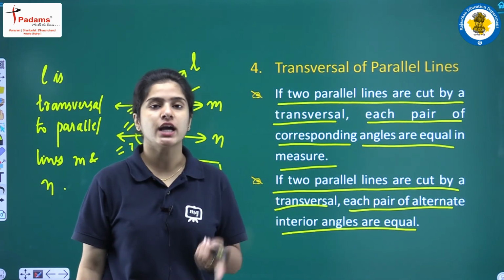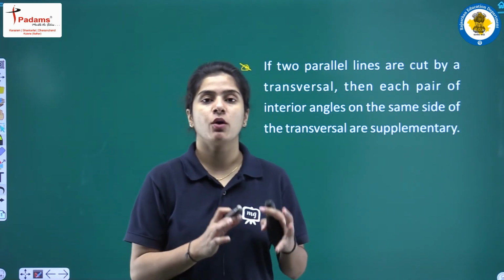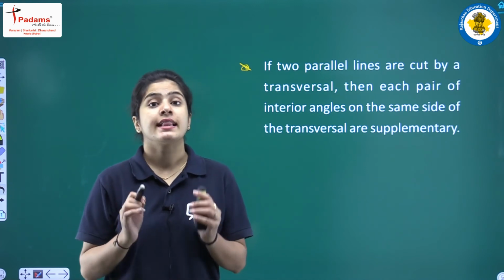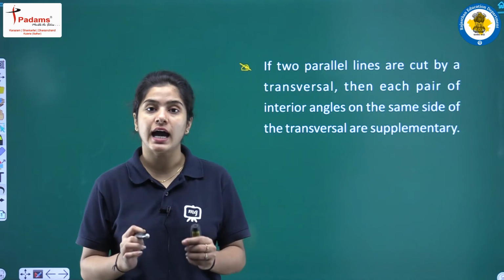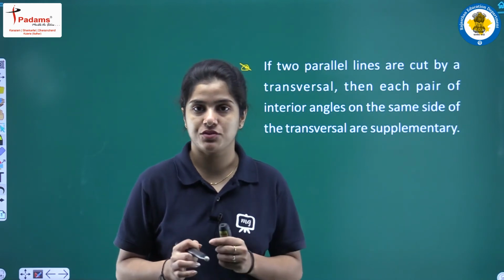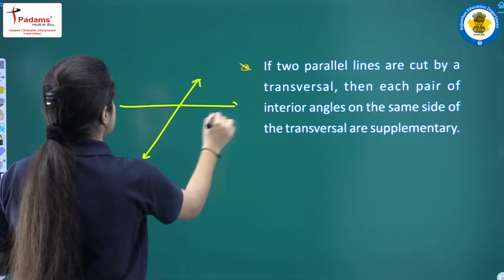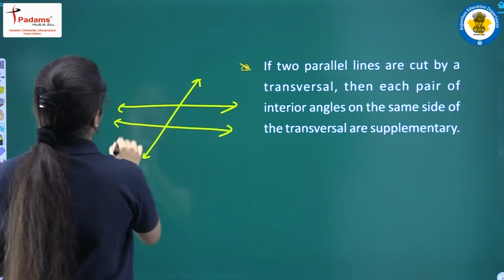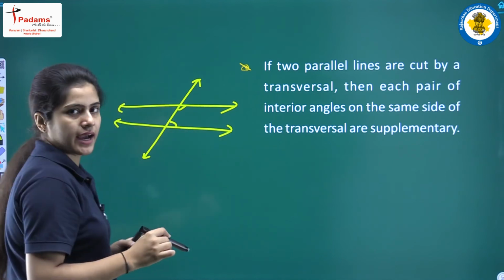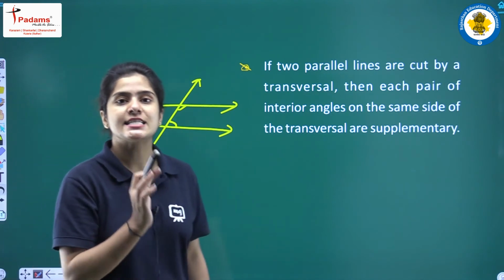Now students, we will be talking about one more point. What is that point? If two parallel lines are cut by a transversal, then the interior angles that are lying on the same side of the transversal will be making supplementary angles. Look students, if this is a transversal and these are two parallel lines, then the interior angles that are lying on the same side of the transversal will be making supplementary angles.